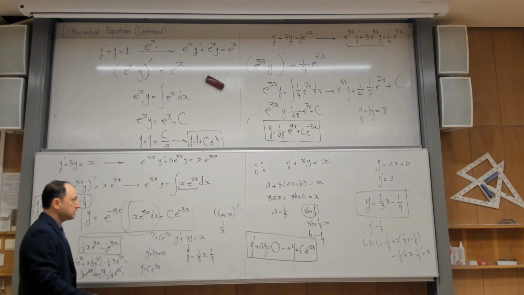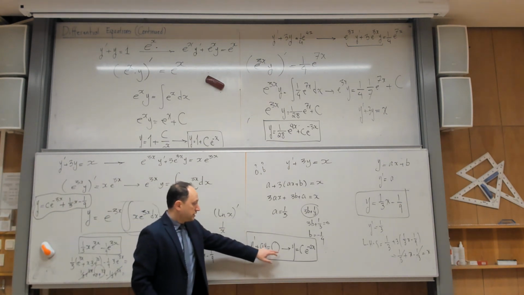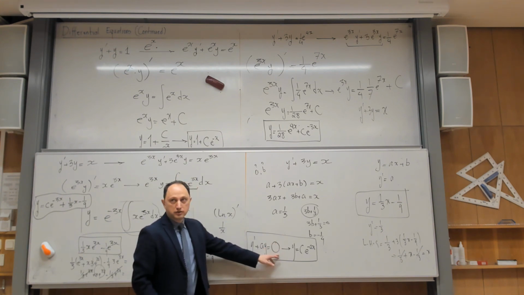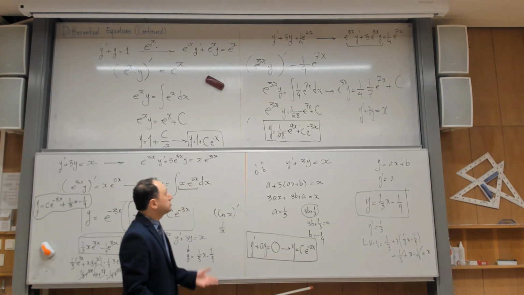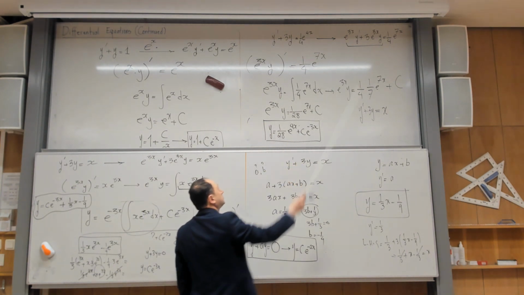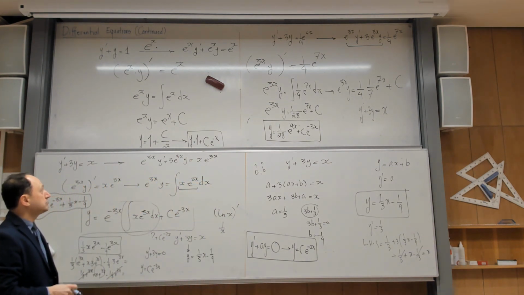But the interesting problem is, what happens if I have non-zero terms on the right-hand side? I have functions. We also learned that if I have an exponential function of this form on the right, I will not get any problems because I know how to calculate.